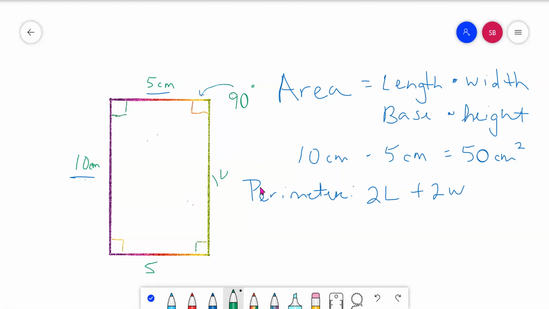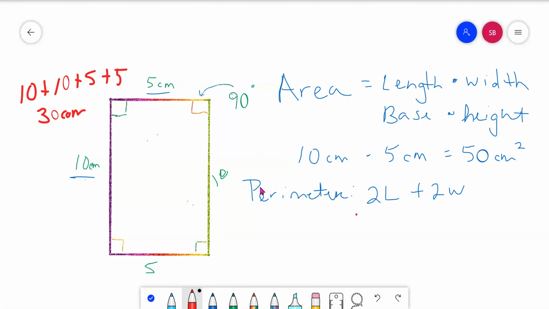Okay. So in my head, I would do 10 plus 10 plus 5 plus 5. Okay. And then I would have gotten my 30 centimeters. Okay. The formula, though, helps when it's not as pretty and obvious as this.